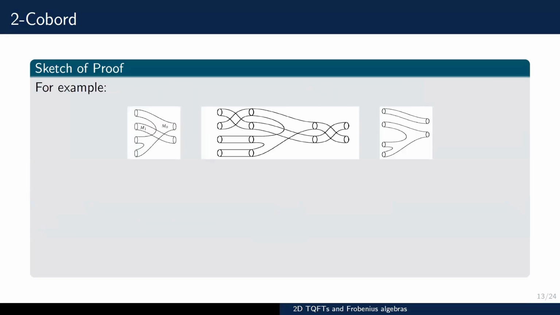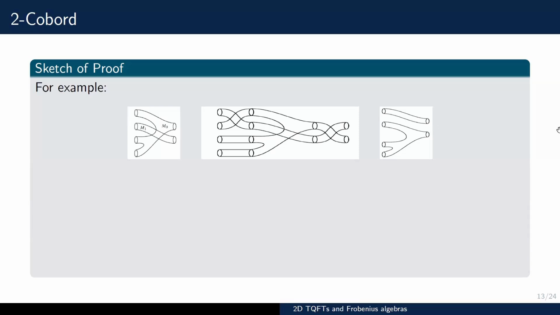So consider the first image here, where we have a 1-to-1 cobordism, that is just a cylinder, stuck in between a 3-to-1 cobordism, this connected component. We can attach a twist element on the left and the right side and separate the 1-to-1 cobordism out, as you can see in the last image.